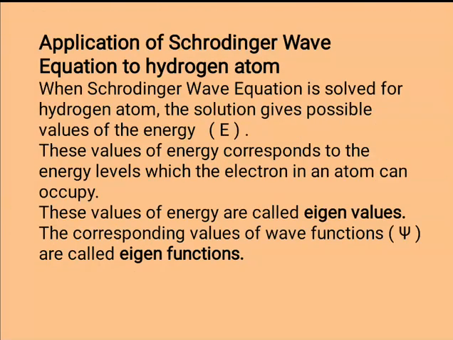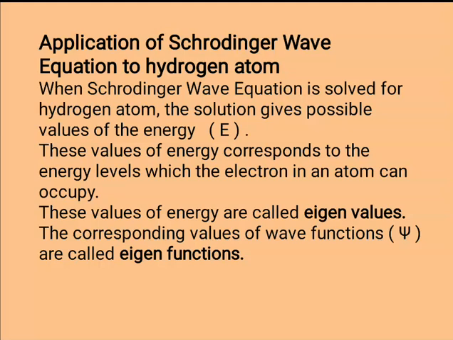Coming to now applications of Schrödinger wave equation to hydrogen atom. We have already discussed that Schrödinger wave equation is solved for hydrogen atom because it is easier to apply it on hydrogen atom because of single electron in it, and its solution gives value of E. These values of energy correspond to energy levels in which the electrons can revolve.